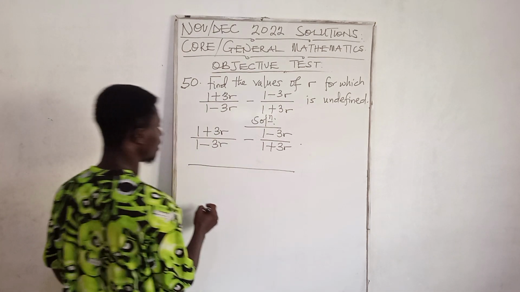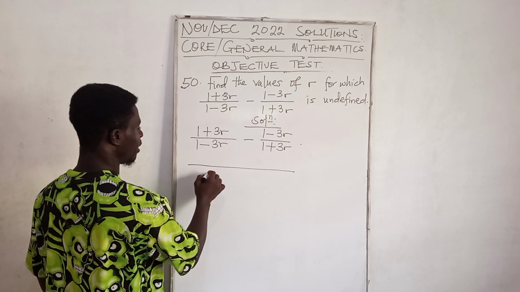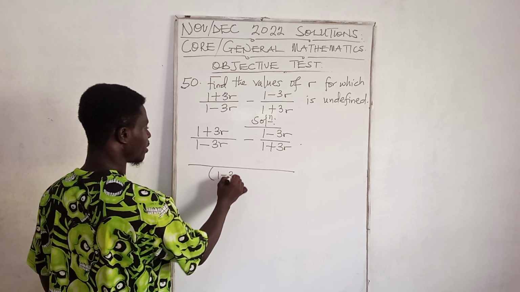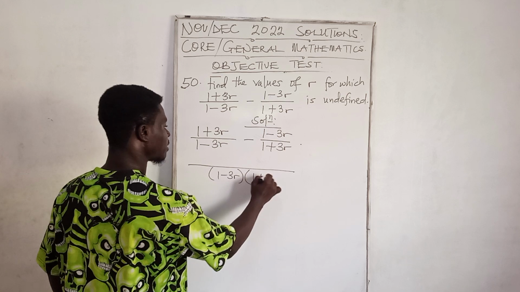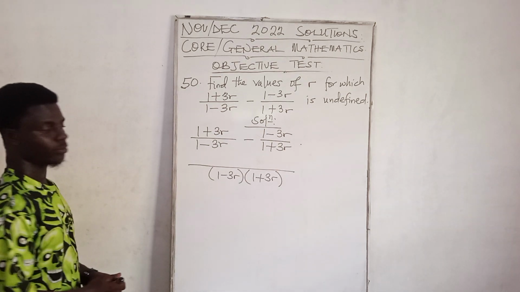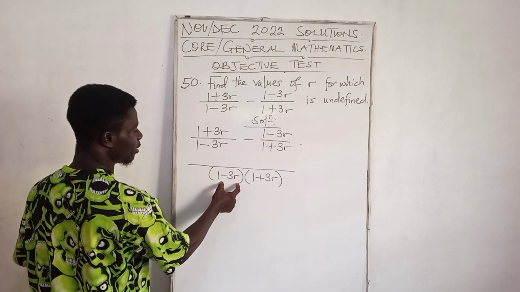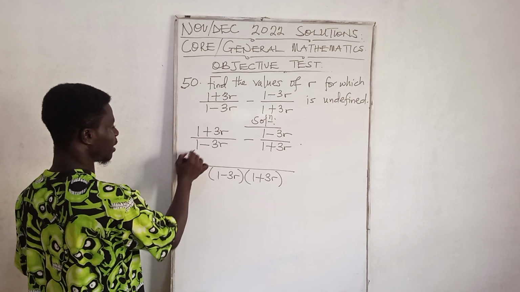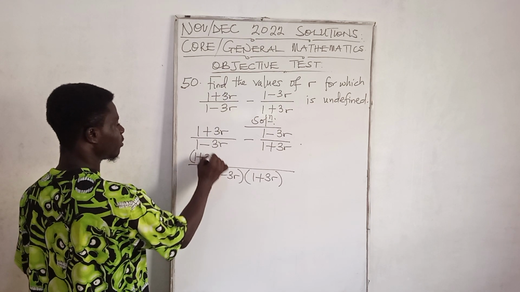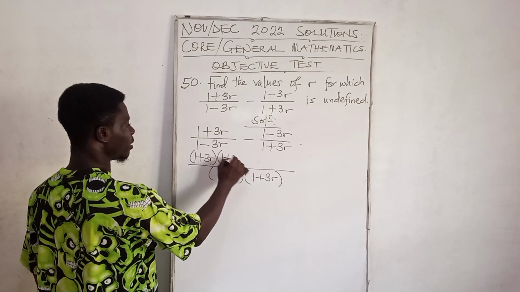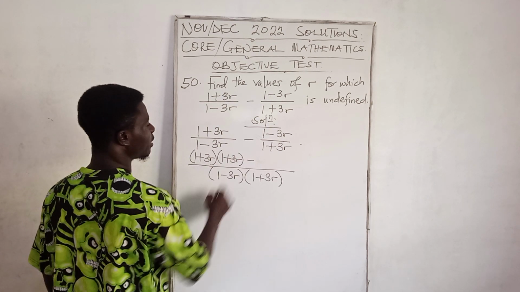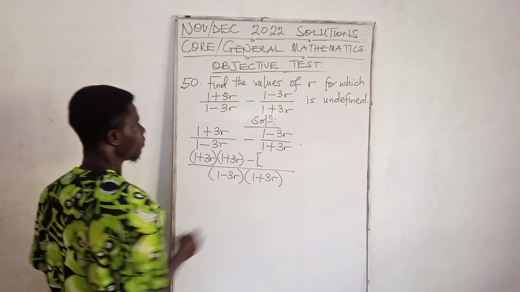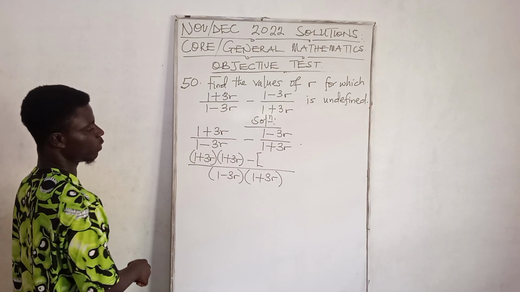So let's find the LCM. Our LCM will be 1 minus 3r, 1 plus 3r. This one takes away that and is left with 1 plus 3r. So it multiplies: I get 1 plus 3r multiplying 1 plus 3r, minus, which means the minus will affect the whole of that.